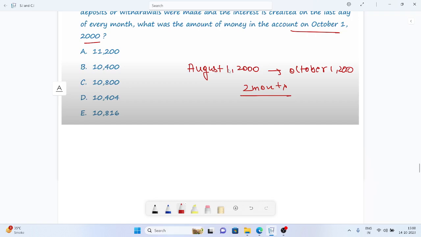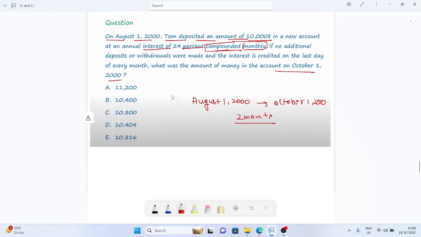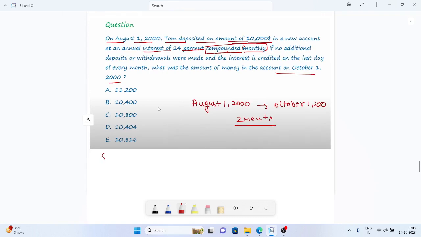Now, what is the principal? Principal is $10,000. What is the rate of interest? It is 24% annually. What is the value of n for months? 12, and time is 2 months.